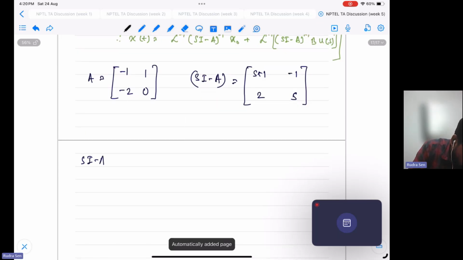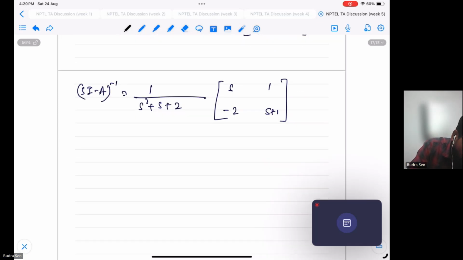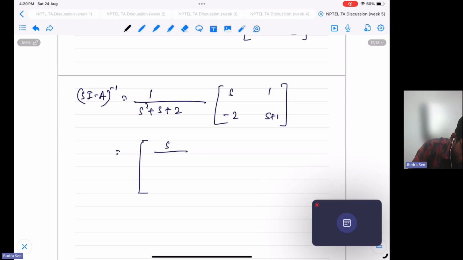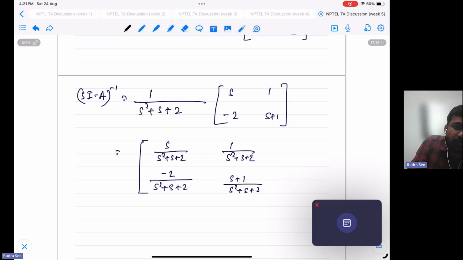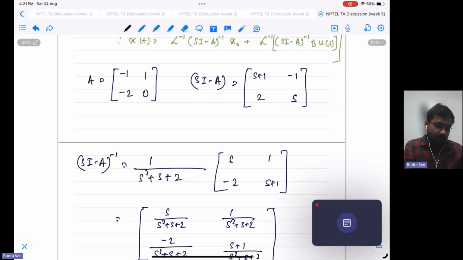And then (sI minus A) inverse is the adjoint of sI minus A, which is [s, 1; -2, s plus 1], divided by the determinant, s square plus s plus 2. Right, okay.